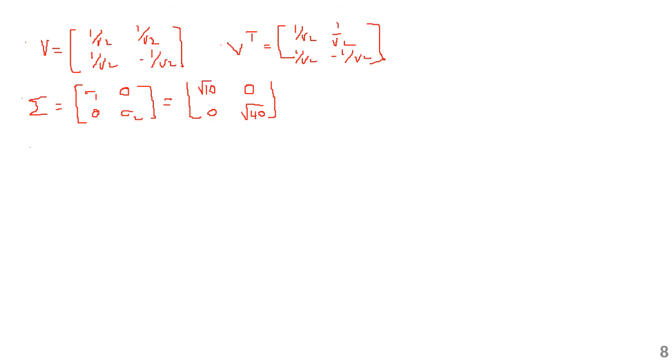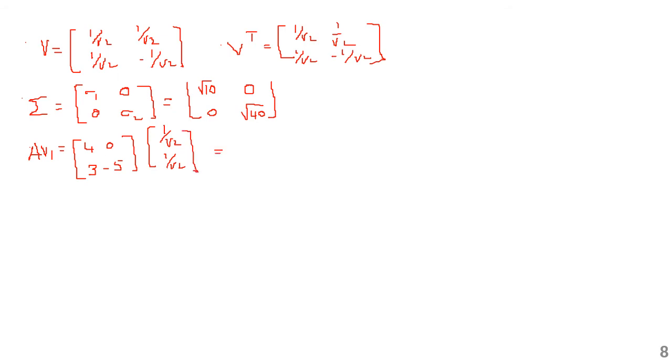Once you know sigma, the next step is to find the U matrix. So A into V1, where A is given by 4, 0, 3, minus 5 multiplied by 1 by root 2, 1 by root 2.